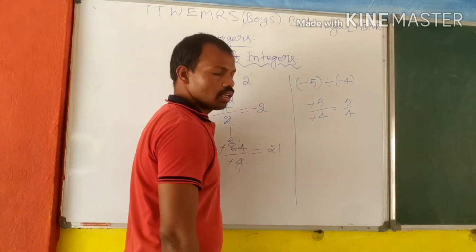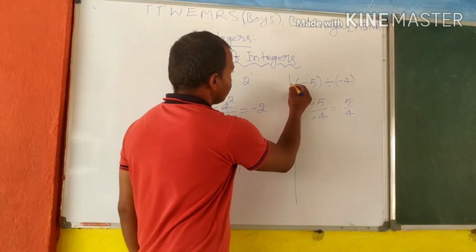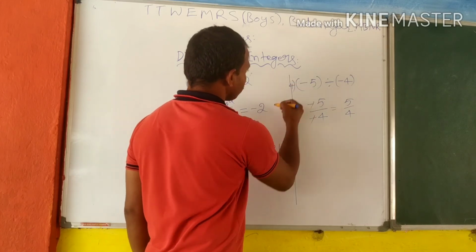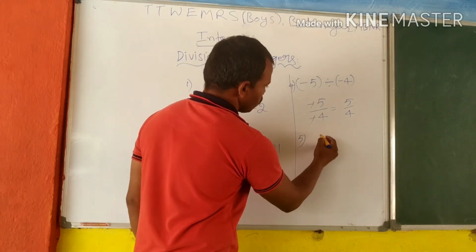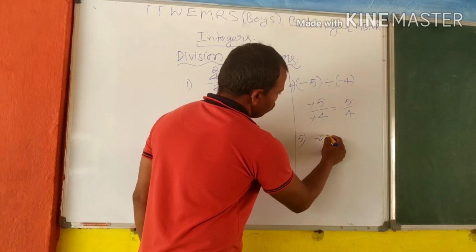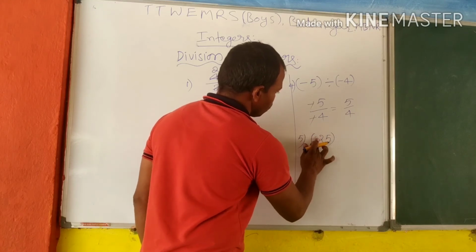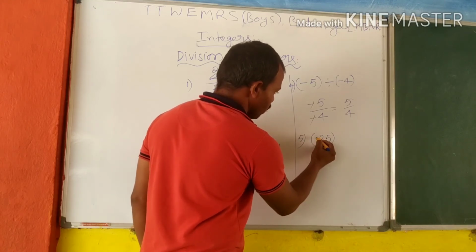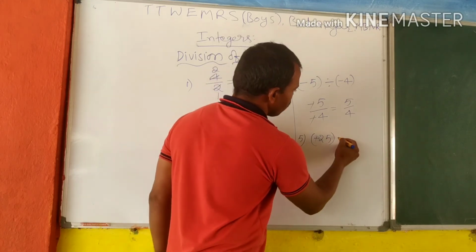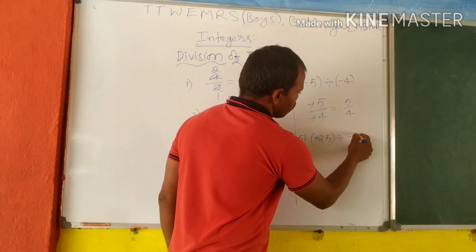By dividing that you will get the decimal form, right? Now take plus 25 divided by minus 5.